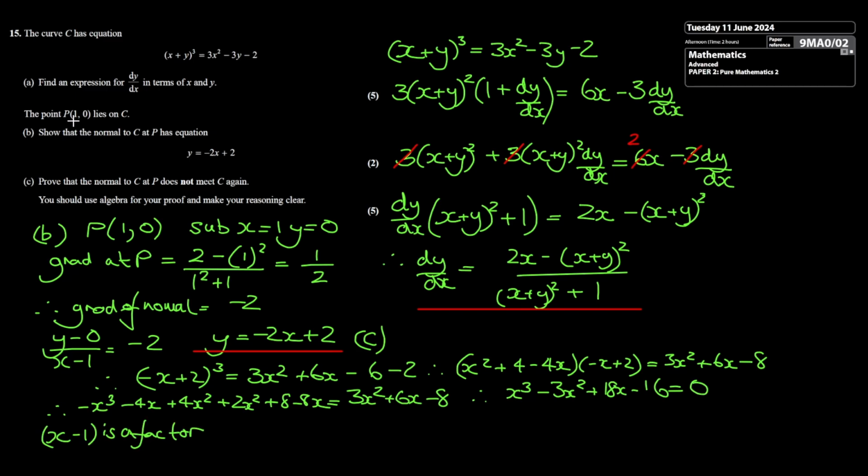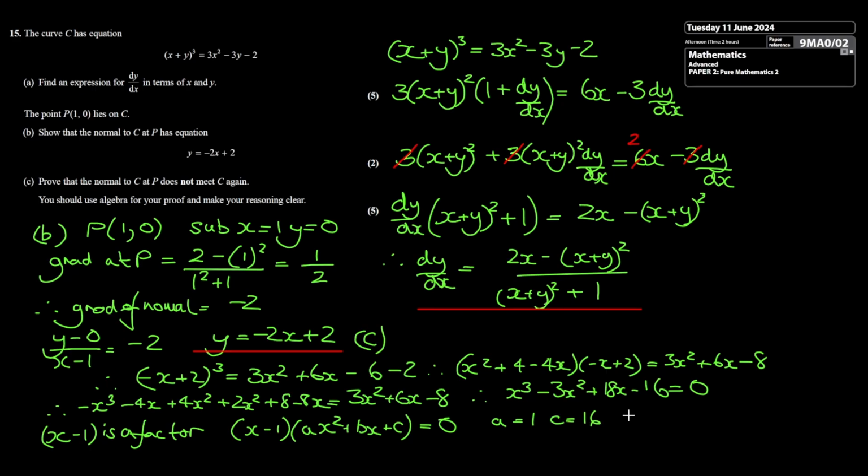So as the point (1, 0) is the meeting of this curve and this line, I know that x minus 1 is a factor of this equation. So I can say that x minus 1 brought out must leave ax squared plus bx plus c as the multiplying quadratic. Now, equating the terms, I can immediately see that a must equal 1 and c must equal 16.